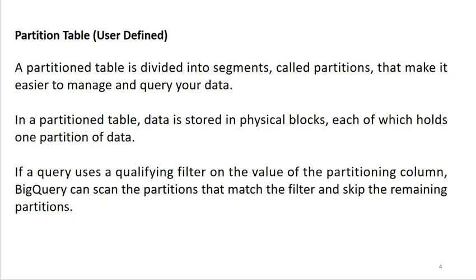A partition table is divided into segments called partitions that make it easier to manage and query your data. In a partition table, data is stored in physical blocks, each of which holds one partition of data. That means one partition is stored in one physical block of the hard disk.